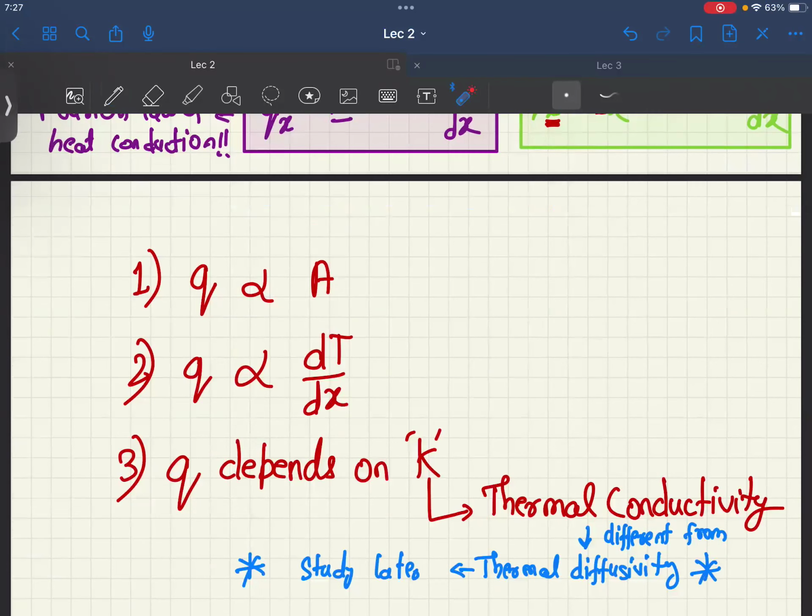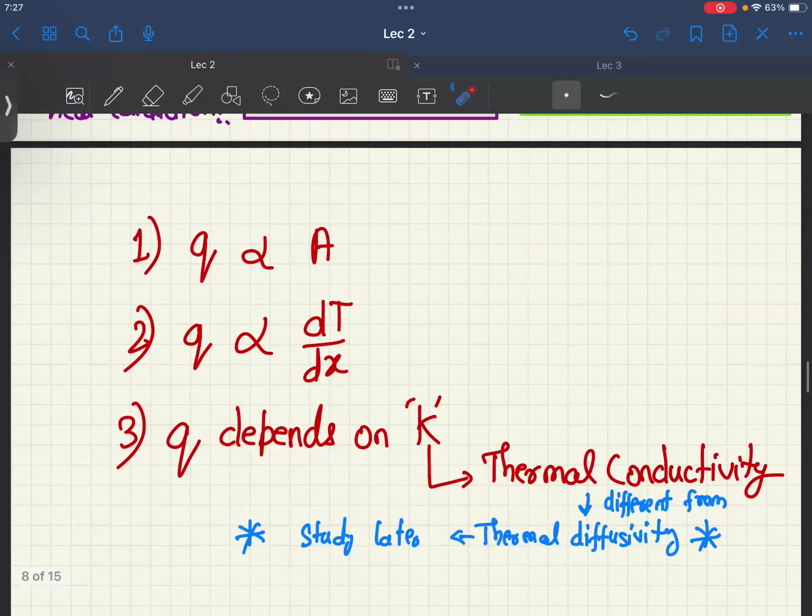However, thermal conductivity remains the same. So the moment the material is specified, the thermal conductivity of that material is fixed. It is very specific to a given material, and it is an intrinsic property of the system, right?